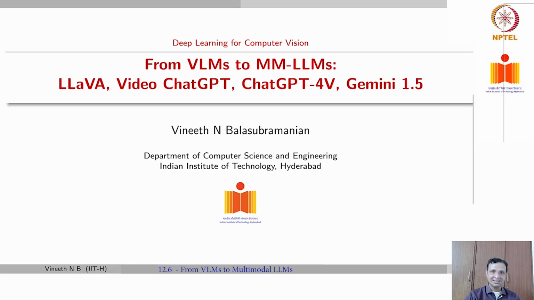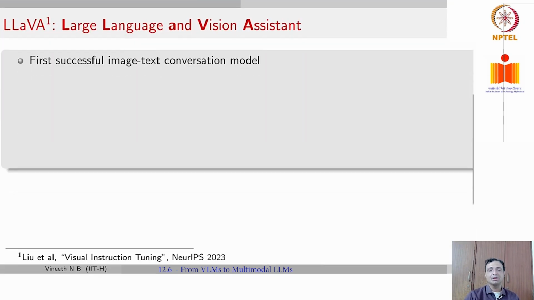These acronyms can seem confusing, but broadly they stand for Multimodal LLMs or large multimodal models, which are LMMs. In particular, we'll try to cover a few different ones like LLaVA, Video-ChatGPT, ChatGPT 4V and Gemini 1.5, of which we only have cursory information at this point in time.